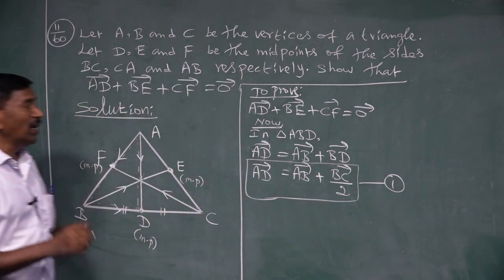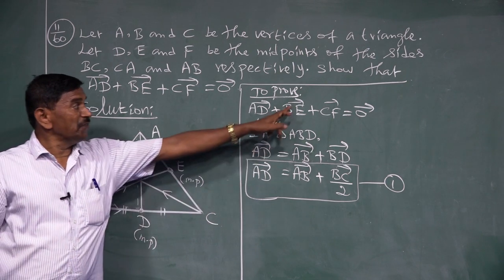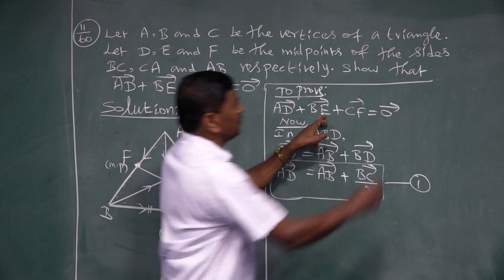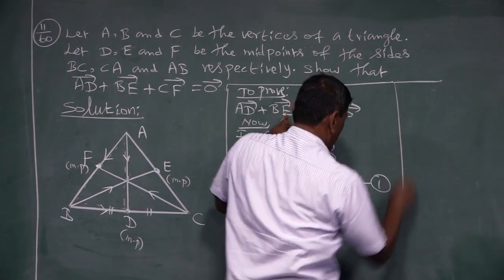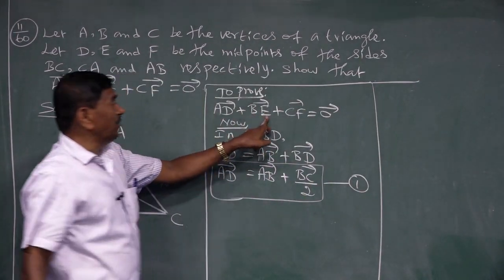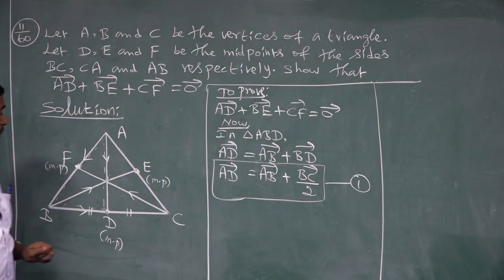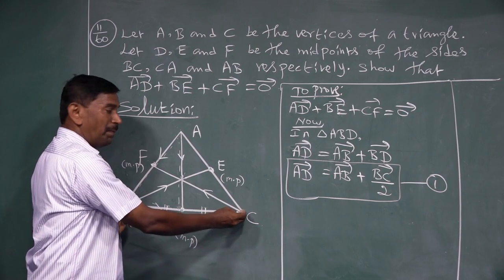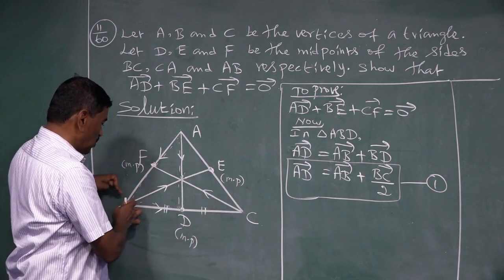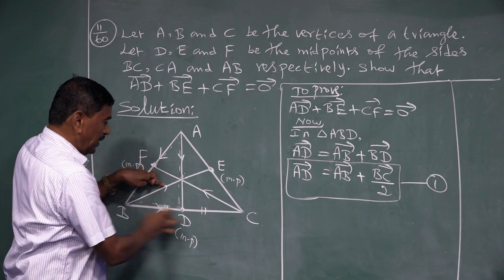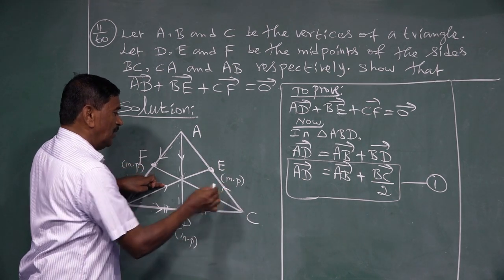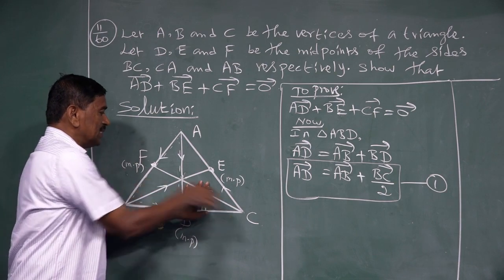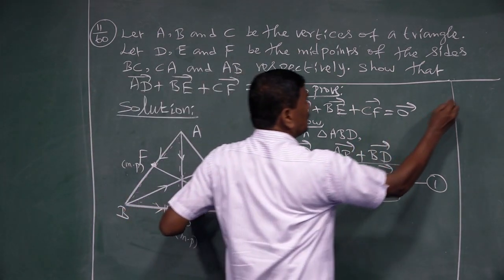Okay, similarly, now I want to find the second equation from the second term. What is the second term? BE vector. Yes. Now listen. To get BE vector, which triangle I want to consider? Yes, BE vector is equal to BC vector plus CE vector, in triangle BCE.